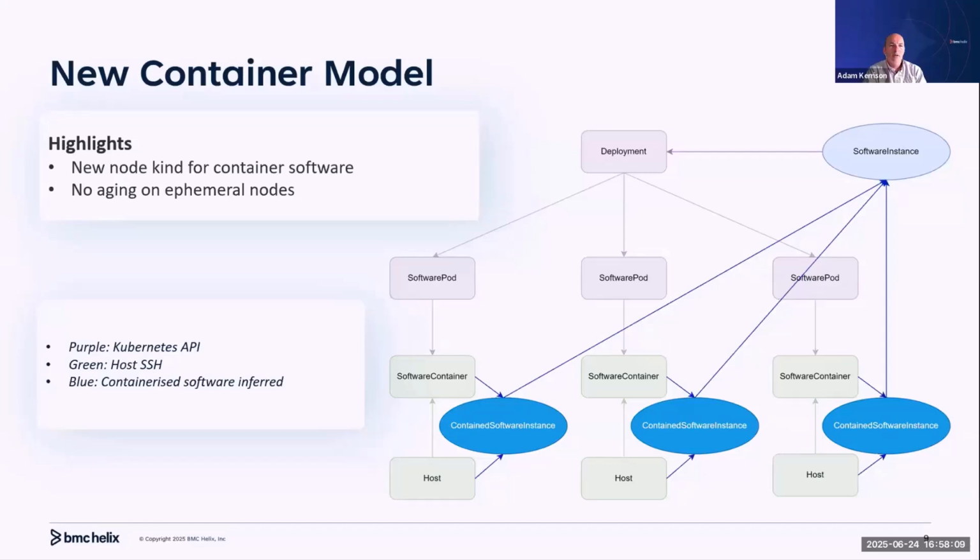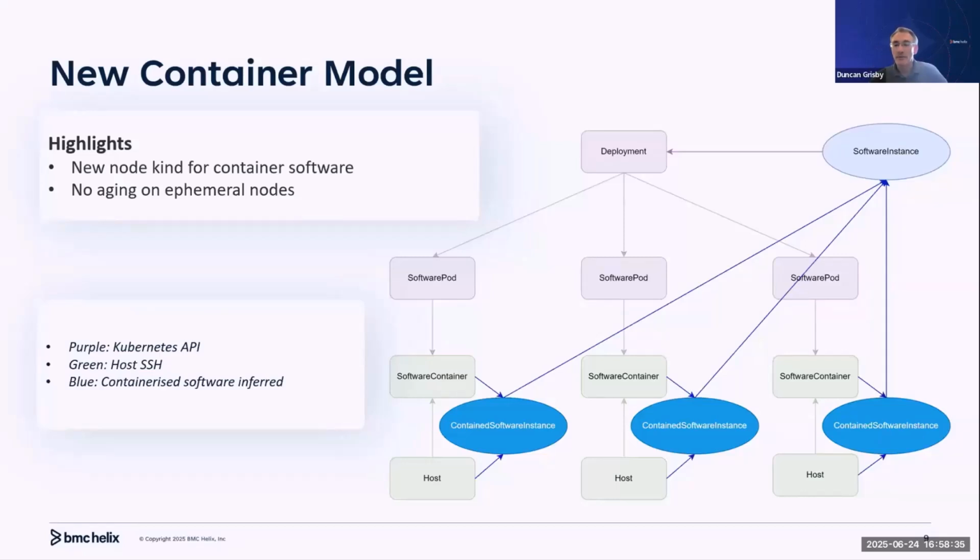Actually, there might not be an increase. There might be a decrease. If you look at the model here, previously we would have probably created 3 software instances for the 3 containers, which were software instances on the host, which would be synchronized. Now we're only creating 1 for all 3 of them because we know they're containerized, and it's only that one that will be synchronized. So it shouldn't create significantly more, and in fact may actually synchronize slightly less.